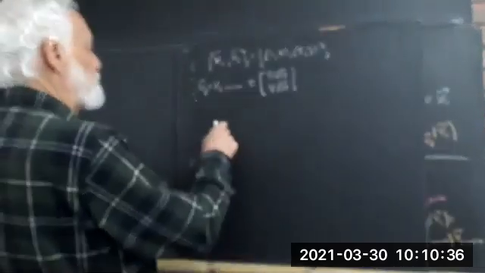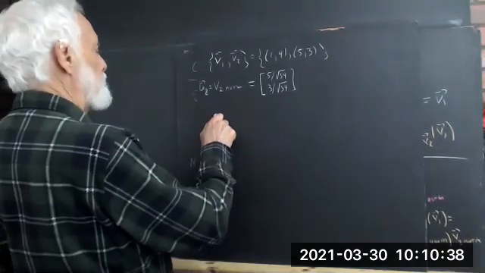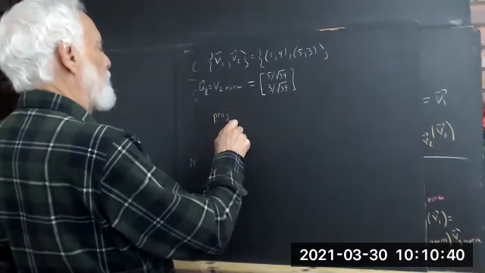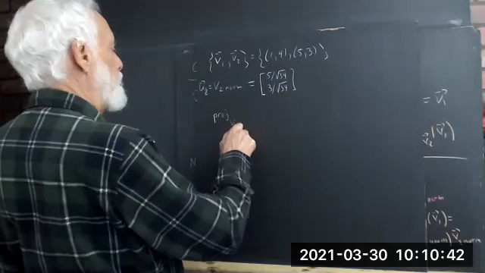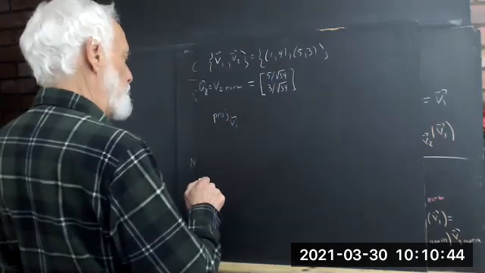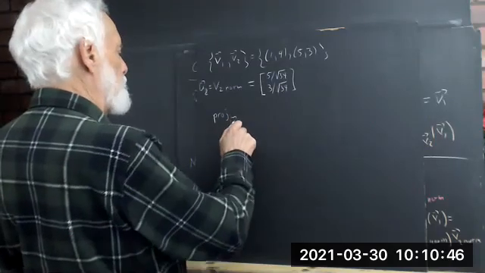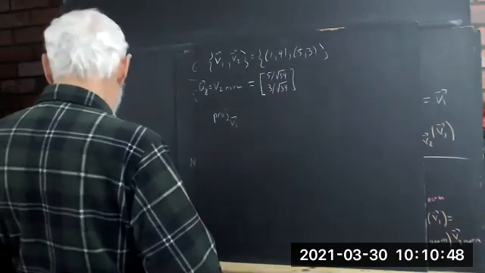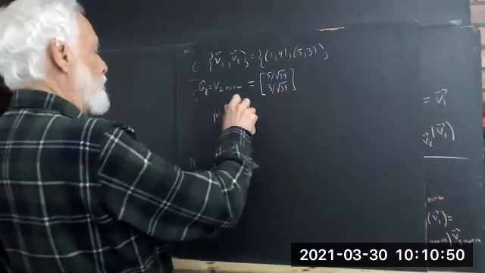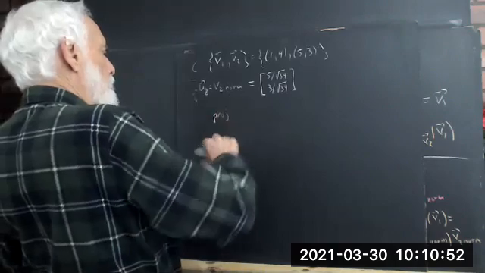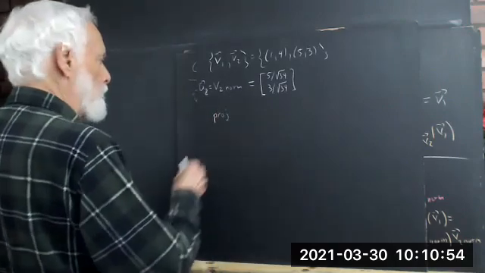Then the projection of V1 onto, and I'm not going to call it V2 norm, I'm going to call it U2 now.